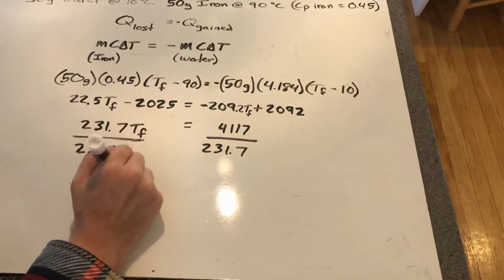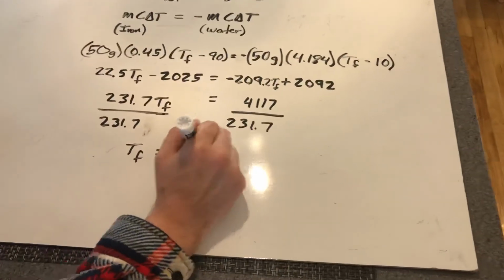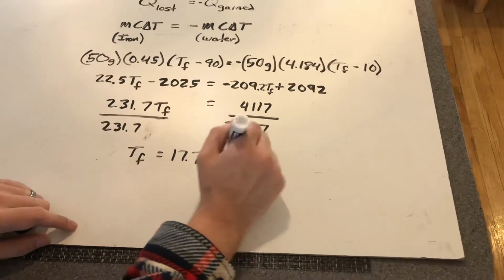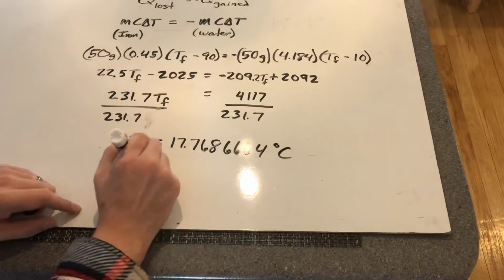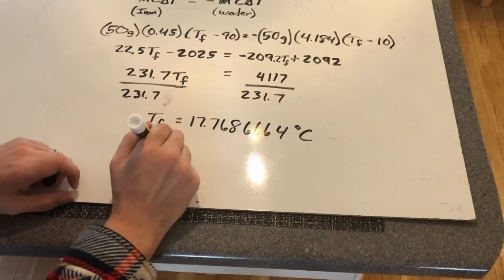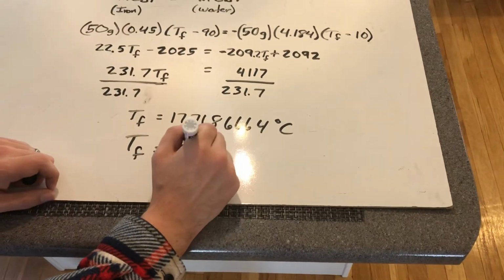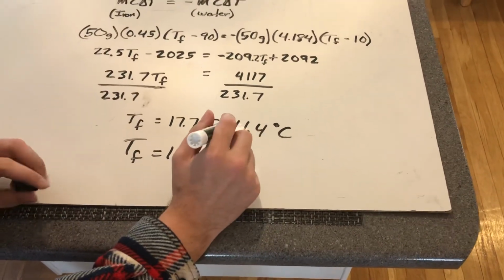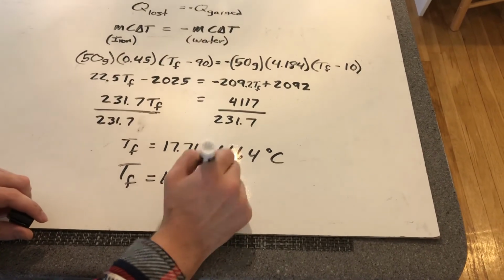We should get a TF value of 17.76 86664 degrees Celsius. So we're going to round that to just 2 sig figs because the numbers that we were provided only had 2 sig figs, right? 10 Celsius, 90 Celsius, 18 degrees Celsius.